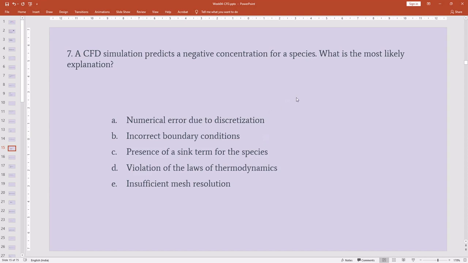To simplify the problem, you can think of it as a 2D temperature diffusion problem or something. The question is, what is the most likely cause of a negative concentration for a species inside our domain? You can inbox your answers.